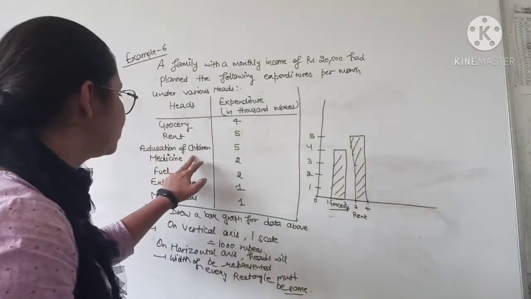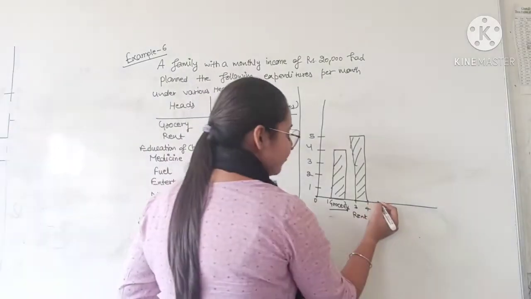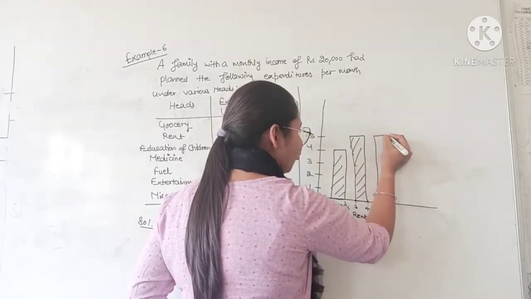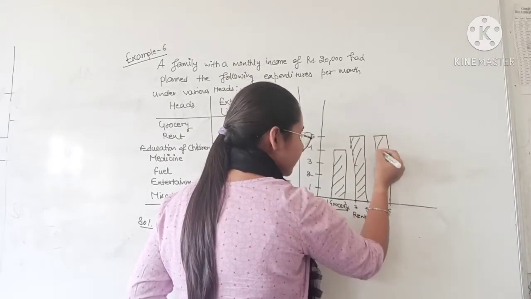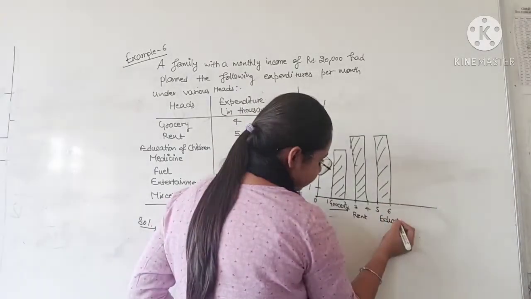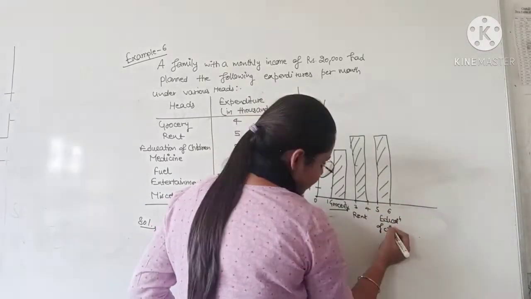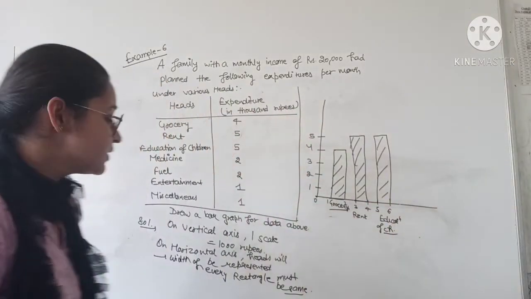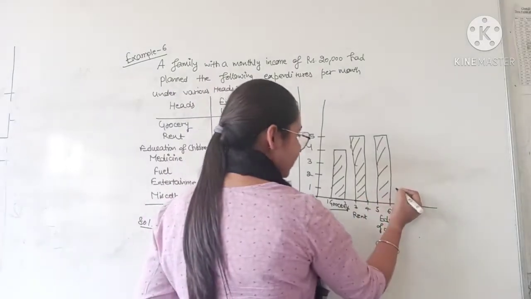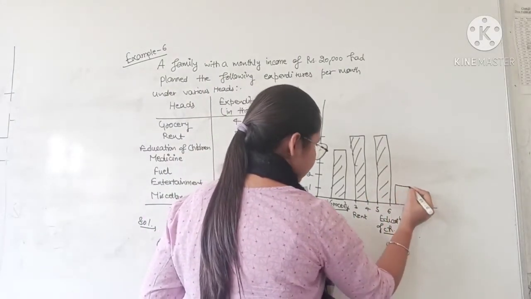Now next is education of children, the same, 5,000, so we will move here. Now medicine. Medicine is 2, so only up to this 2.